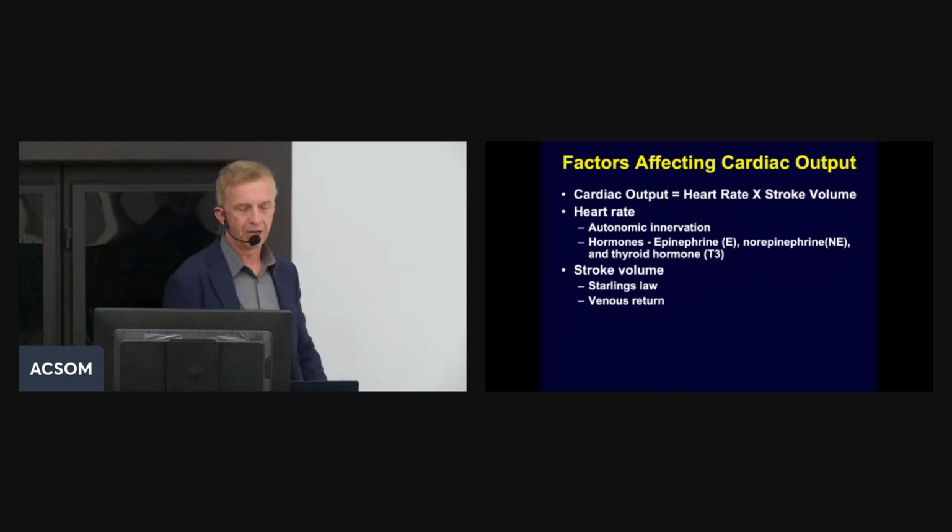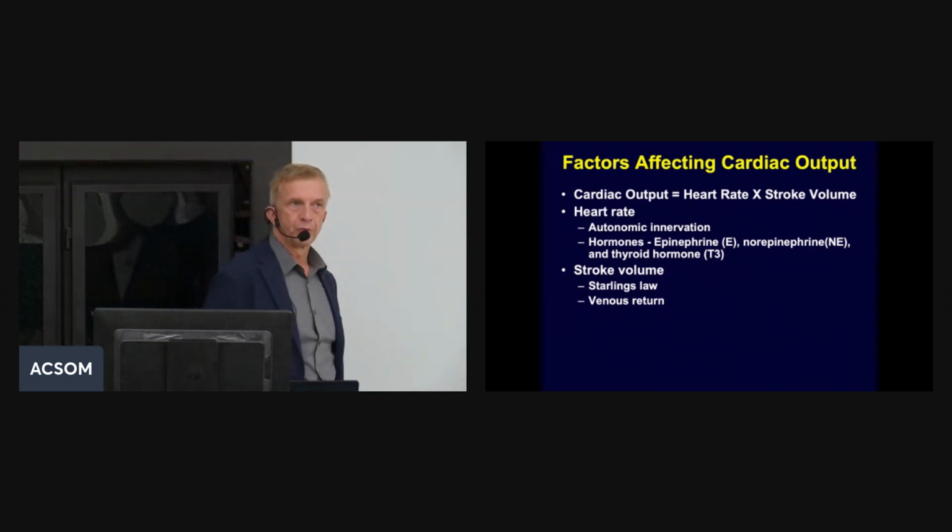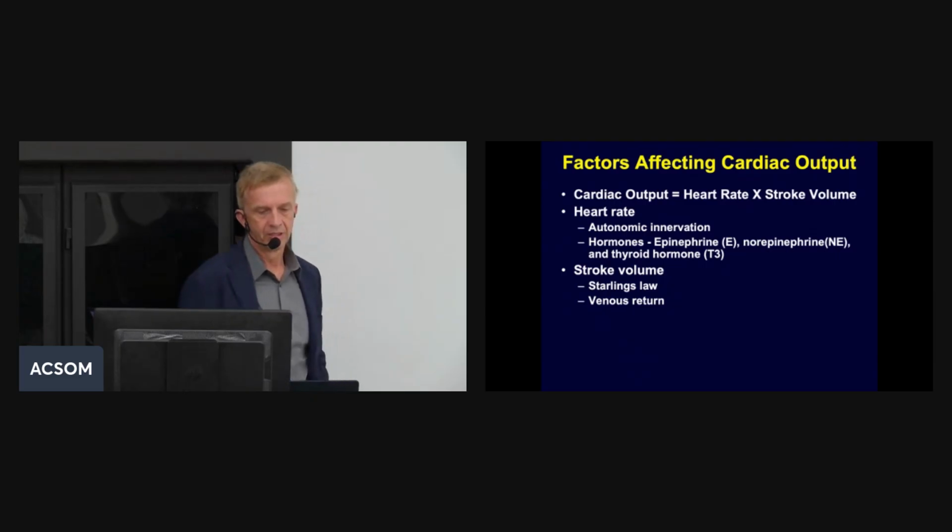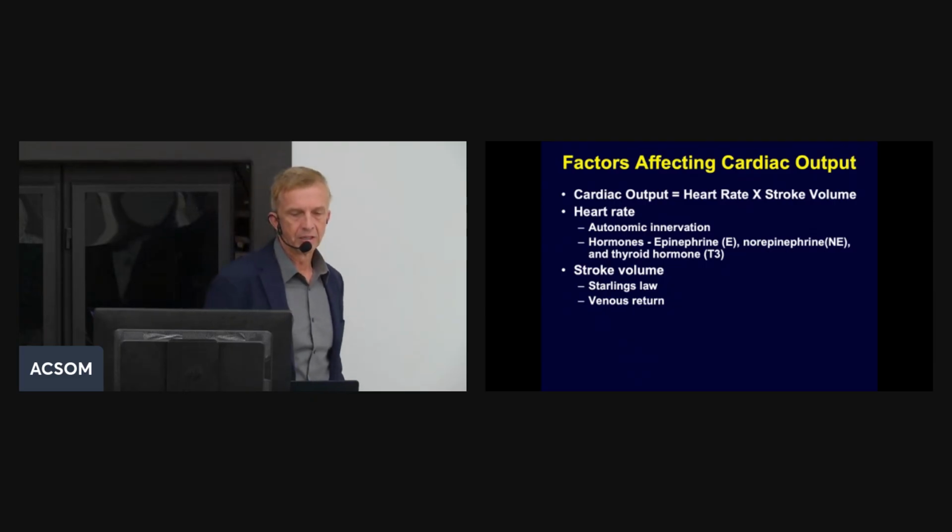Factors that affect the cardiac output: autonomic innervation. We talked about the sympathetic and parasympathetic nervous system. The hormones, epinephrine, norepinephrine, even the thyroid hormone, increase contractility and heart rate, and they increase the cardiac output. Stroke volume is affected by the Frank-Starling law.